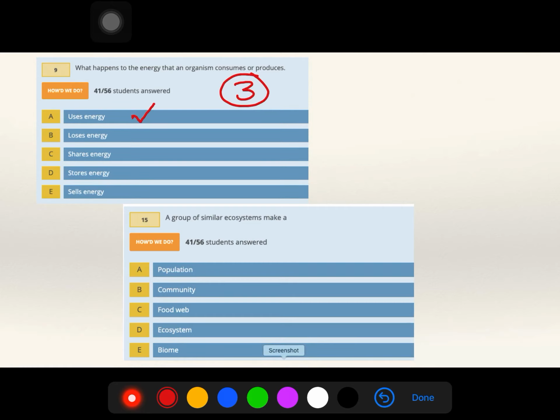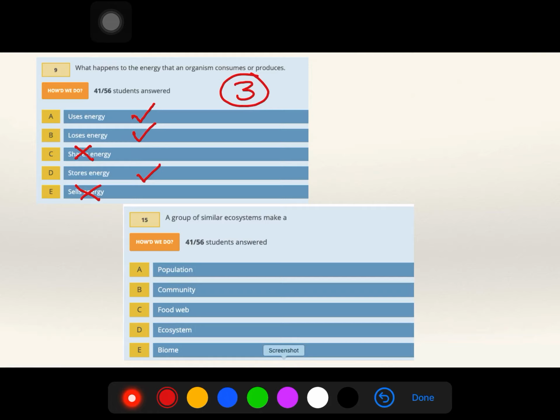That's one thing. You could lose it. Just let it go to waste, right? Or you could store it. Those are your 3 things that an organism can do with the energy it consumes. It cannot share its energy, cannot give its energy to something else that needs it, or cannot sell it. It uses it, loses it, or stores it.